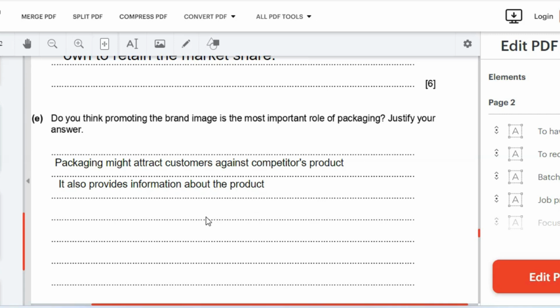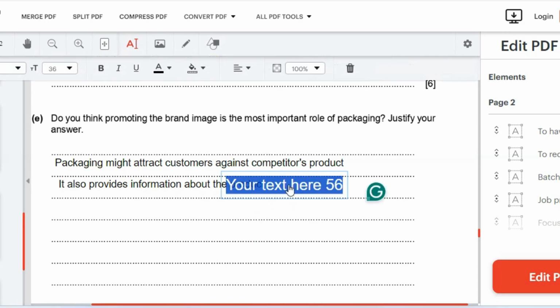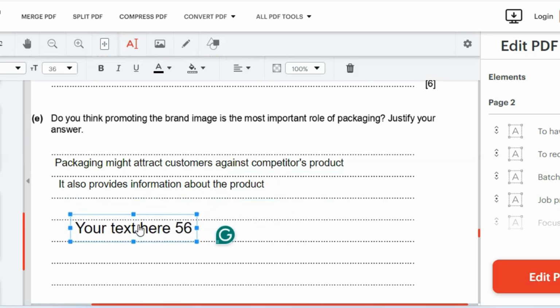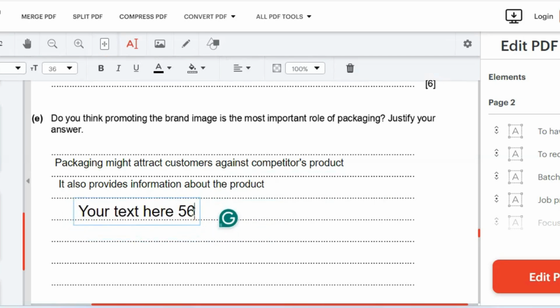Now, the justification might include packaging that helps the product stand out against the competitor, as we have listed, that can increase the sales. Let's try to write that out. The justification to what we have listed. Of course, there is more to it. Just let us put the justification as this.